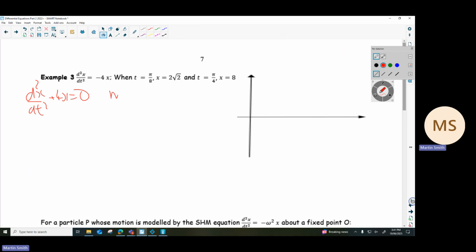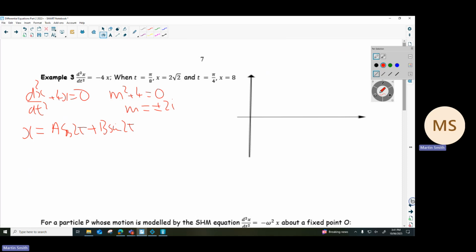This gives an auxiliary equation, m squared plus 4 is 0, which means m is plus or minus 2i. So therefore, x is equal to a cos 2t, but it's e to the 0t in front, but that's just 1, plus b sine 2t. When t is pi over 8, x is 2 root 2.